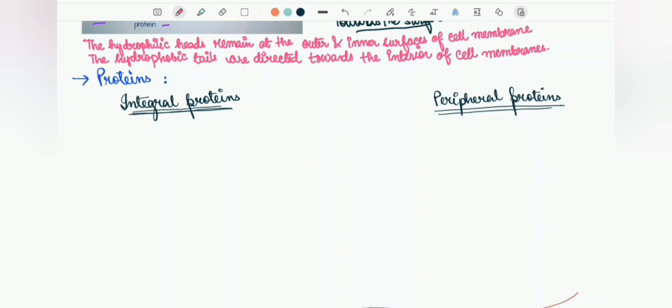So we get 2 types of proteins. The first type is the integral proteins. The second type is peripheral proteins. Right? Basically, the cell membranes have maximum amount of proteins.